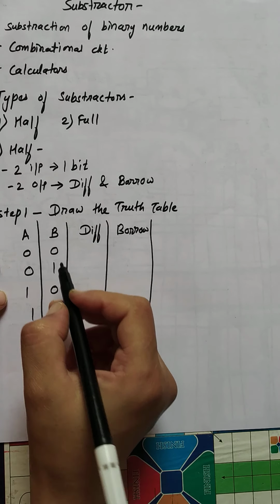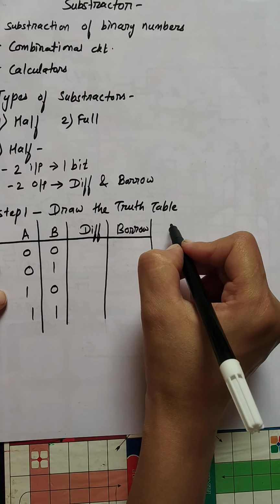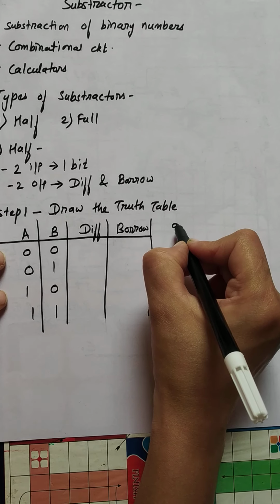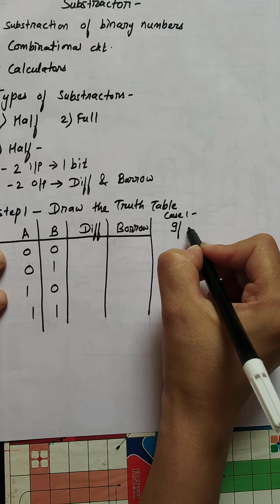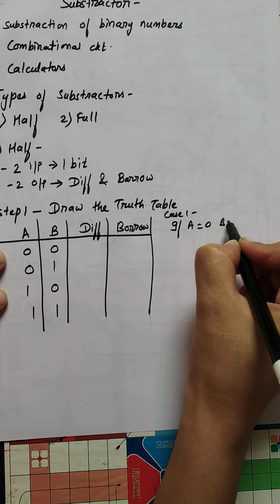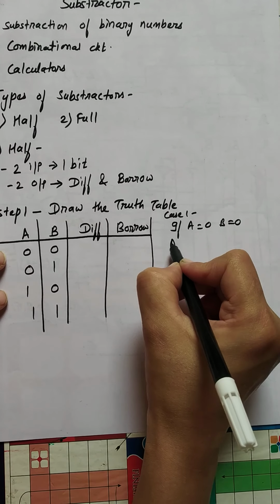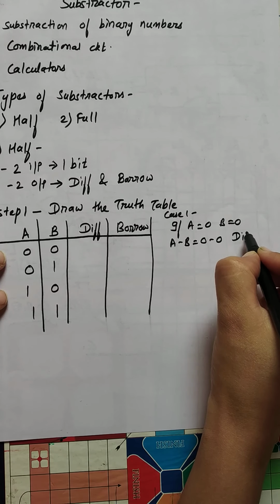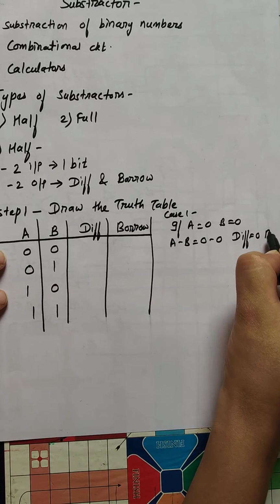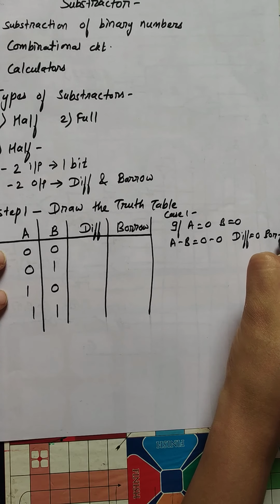Just see the cases. If both the inputs are 0 0, this is case 1. If A equal to 0, B equal to 0, then A minus B equal to 0 minus 0. For this, difference will be 0 and borrow will also be 0.